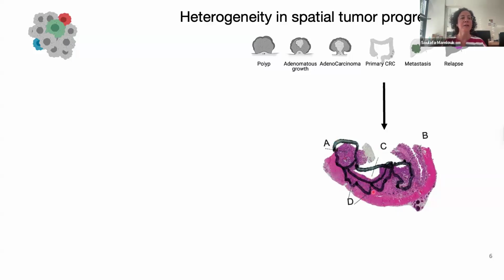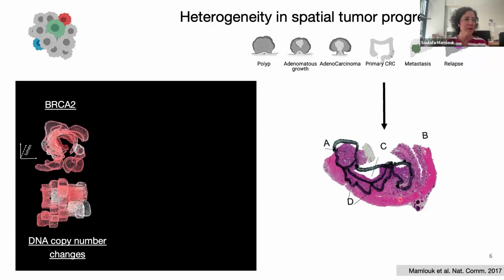We sequenced each of these subsamples at very high depth using a targeted panel that we designed, because we thought, wow, if it's so heterogeneous before, this must be very heterogeneous. But we and others have already shown that at the driver level, there is no change in heterogeneity. The driver mutations are stable, but it is the copy number that changes really significantly in the tumor.